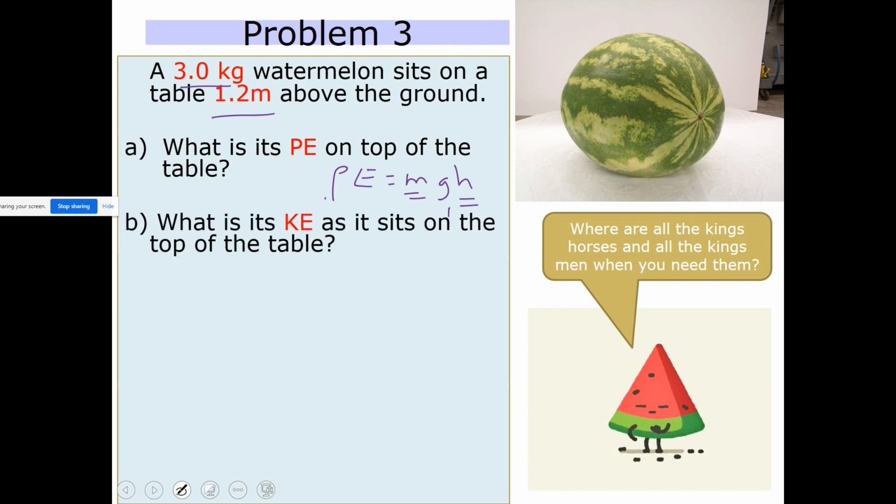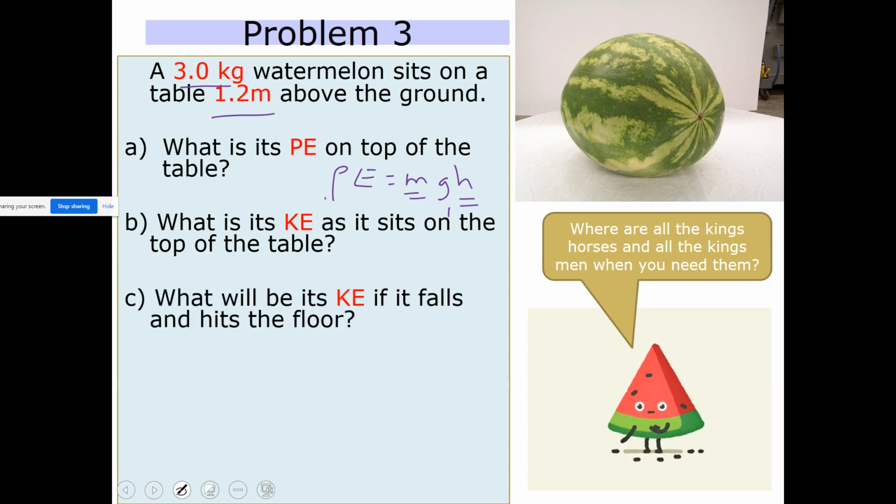What is the kinetic energy as it sits on the table? Well, if it's not moving, remember kinetic energy is the energy of motion, so it has zero kinetic energy. That's very easy to get. Letter C: what will be its kinetic energy if it falls and hits the floor?